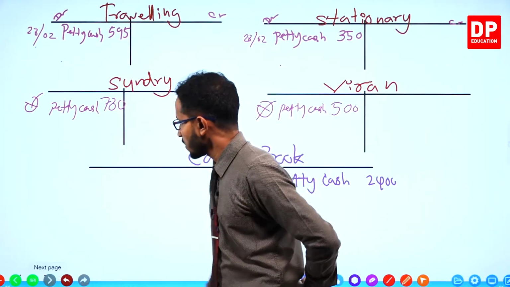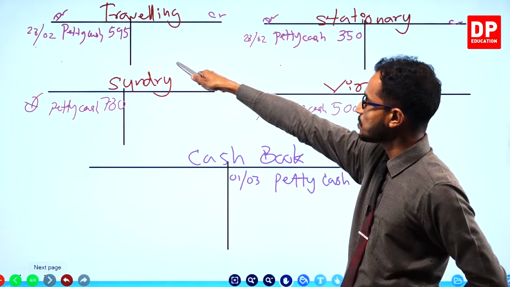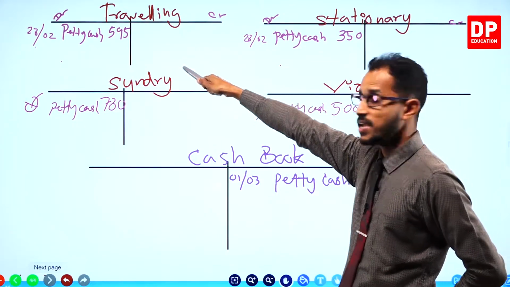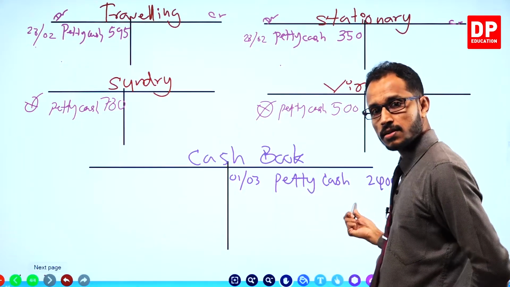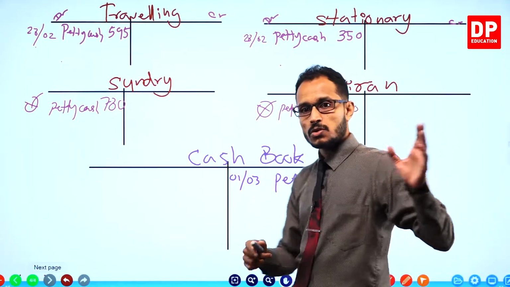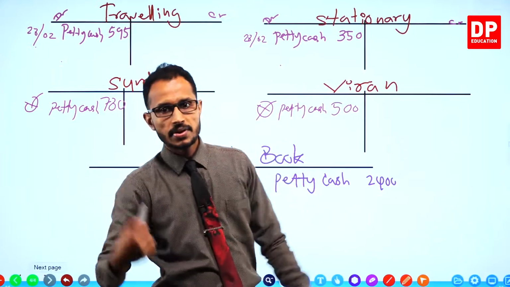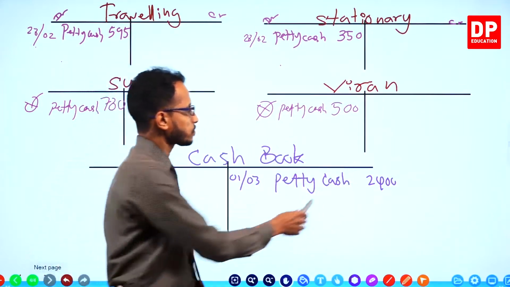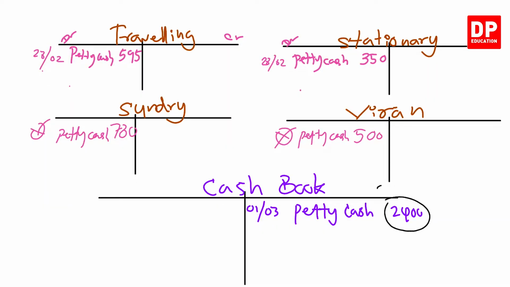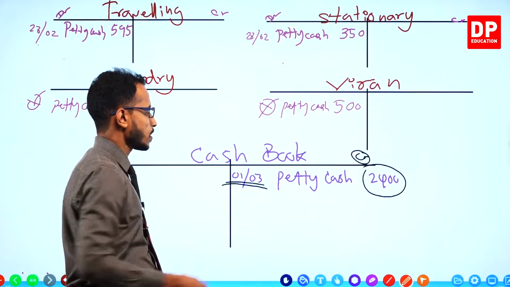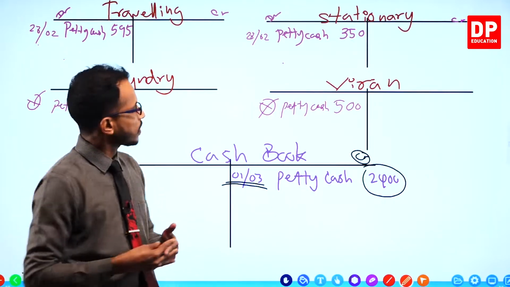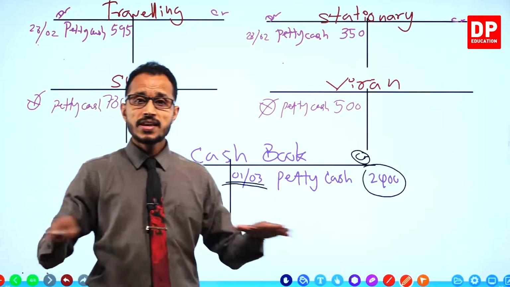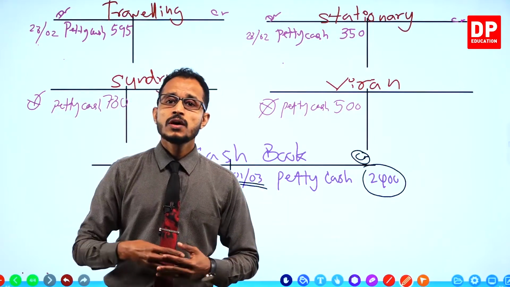Likewise, all the relevant expense accounts debit, cash book credit, because cash is going out from the cash book to the petty cash book. That is the reimbursement.